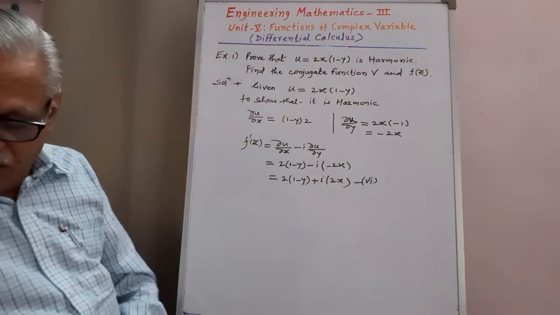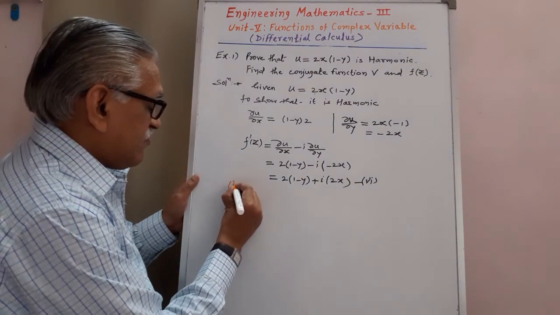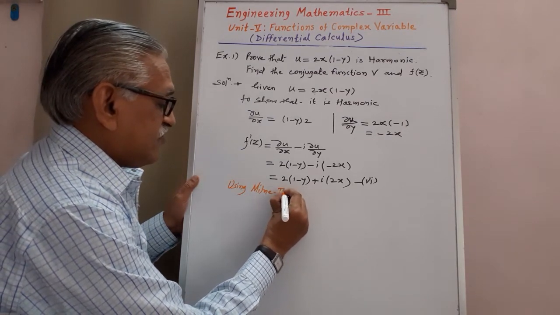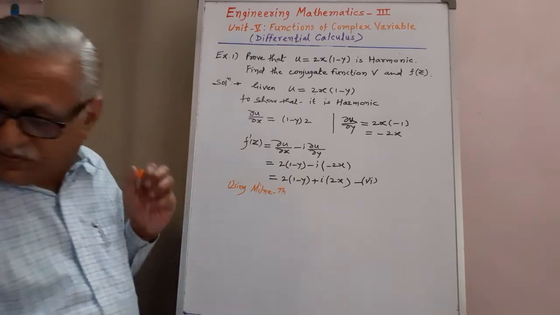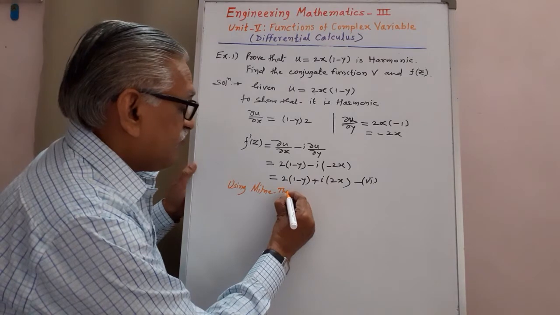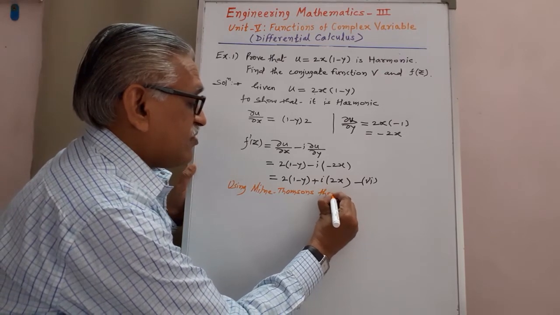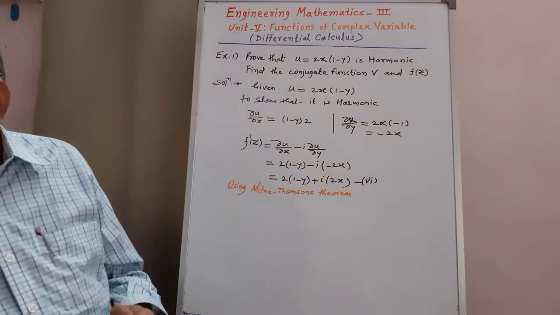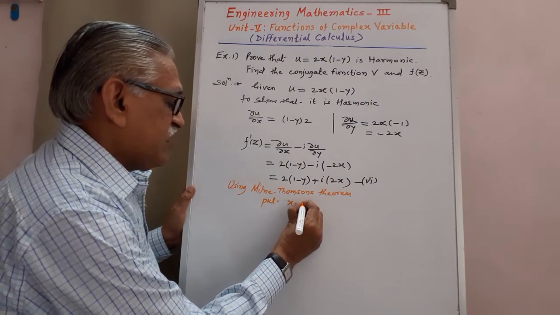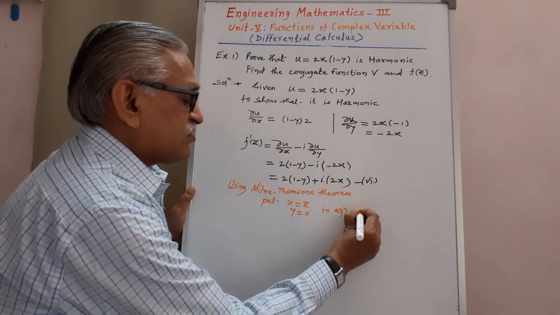Then, using Milne-Thomson's theorem, we put x equals z and y equals 0 in equation 6.